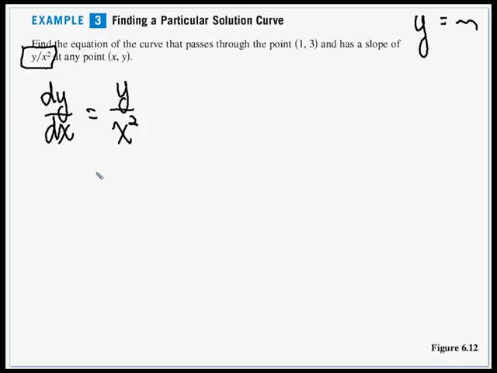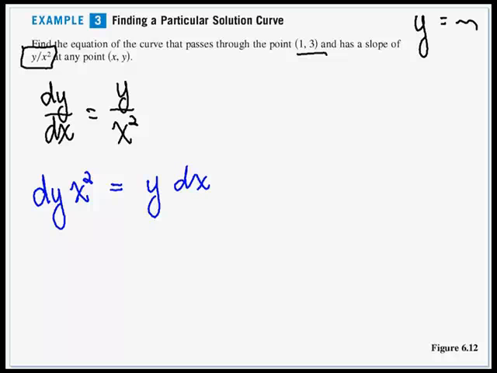We're going to separate the variables, integrate both sides, plug in our initial condition. So the way I would start this problem is kind of cross-multiplying, I guess you could look at it as. If I cross-multiply this way, I'm going to have dy times x squared, and that's equal to dx times y, or y dx.